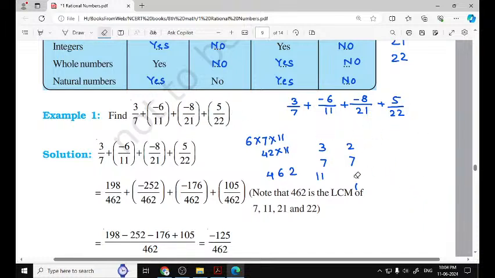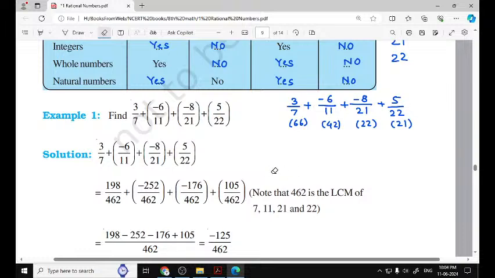So before we add these numbers, let us make their denominators equal. For this we have to multiply this number by 66, 11. We have to multiply this number by 42, this number by 22 and this by 21, both numerator and denominator.